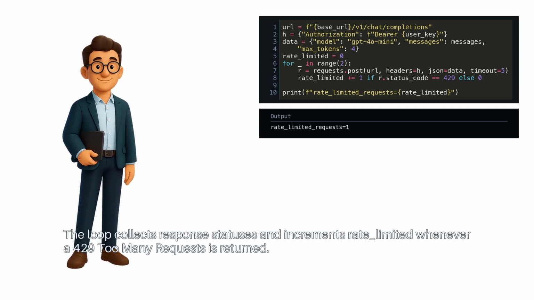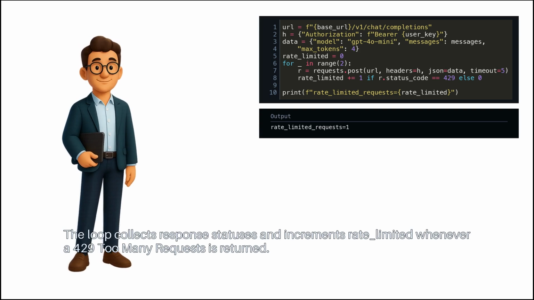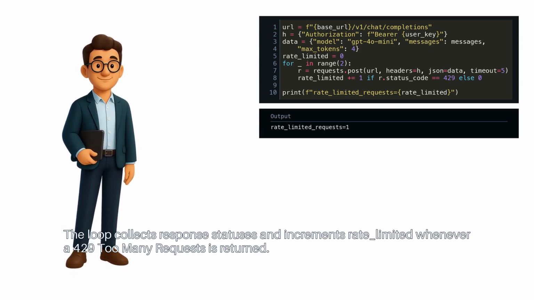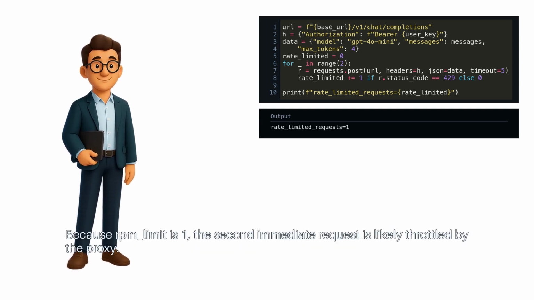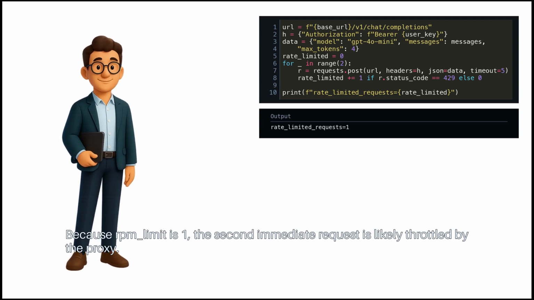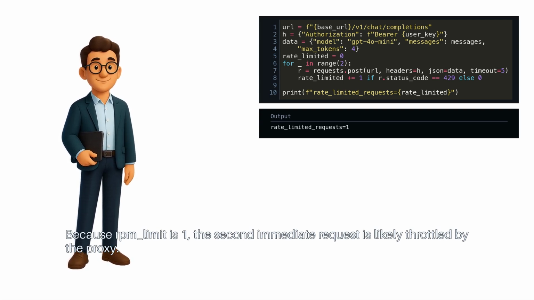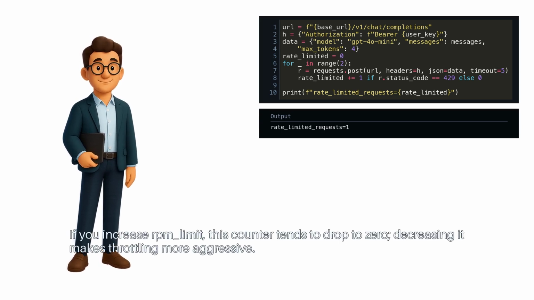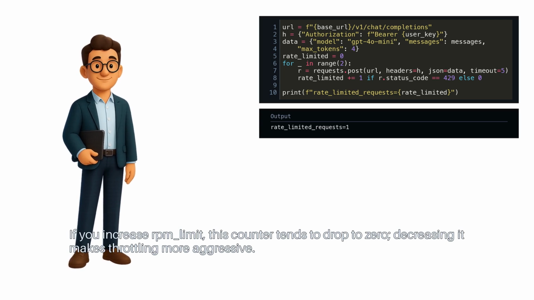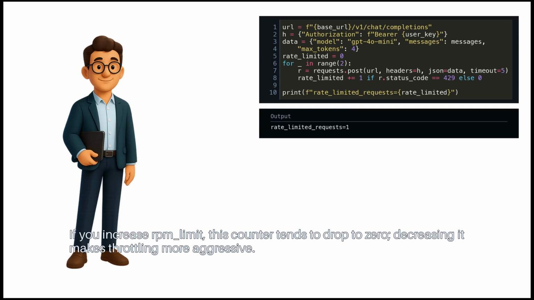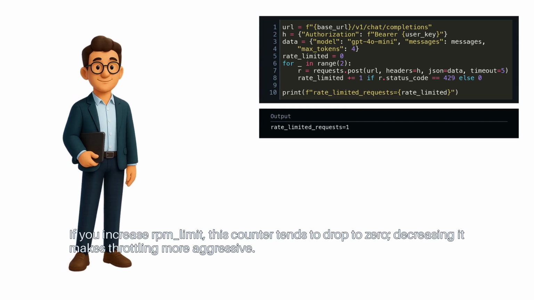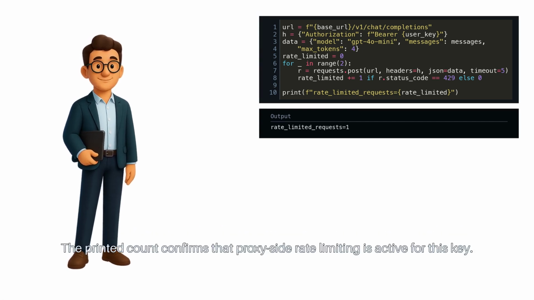The loop collects response statuses and increments rate limited whenever a 429 too many requests is returned. Because RPM limit is 1, the second immediate request is likely throttled by the proxy. If you increase RPM limit, this counter tends to drop to 0. Decreasing it makes throttling more aggressive. The printed count confirms that proxy-side rate limiting is active for this key.